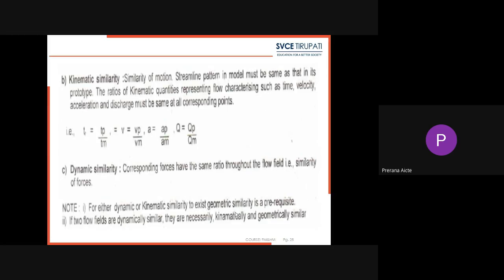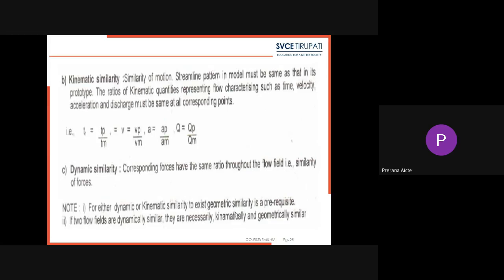That is, the time scale ratio T_R equals prototype time by model time. Similarly, velocity ratio V_R equals Vp by Vm, that is, velocity of the prototype by velocity of the model, and acceleration ratio A_R equals acceleration of prototype by acceleration of model. And similarly for discharge also.